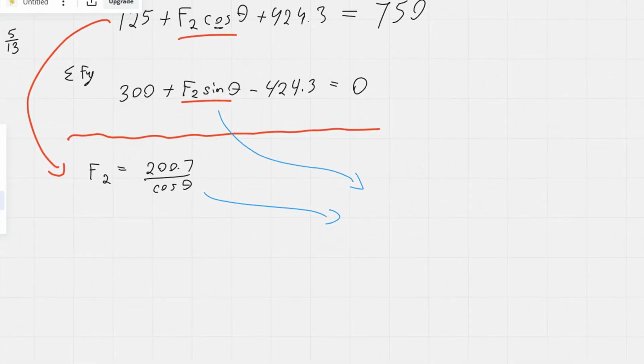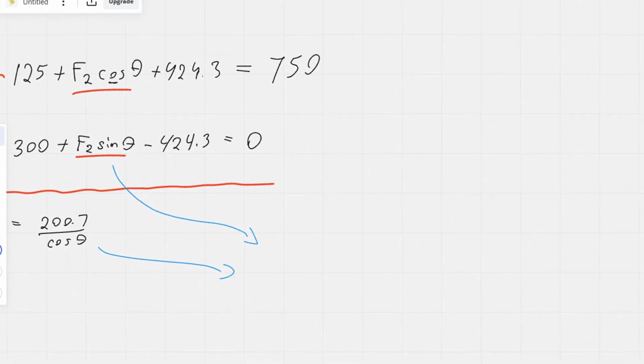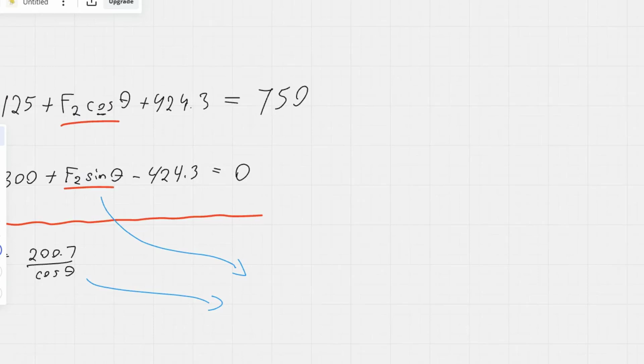Let's back up here. What we're doing is let's isolate F2 cosine theta and F2 sine theta. So what we're given is F2 sine of theta is equal to 200.7. F2 cosine of theta is equal to 124.3. And these are flipped.